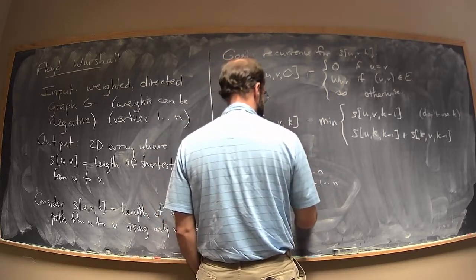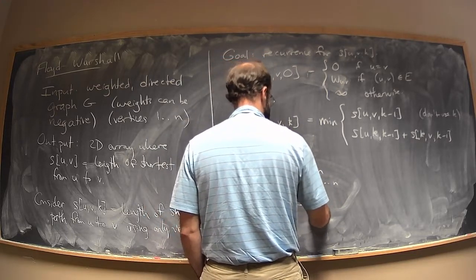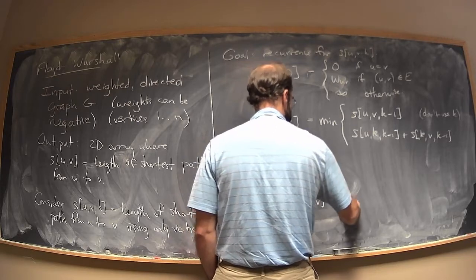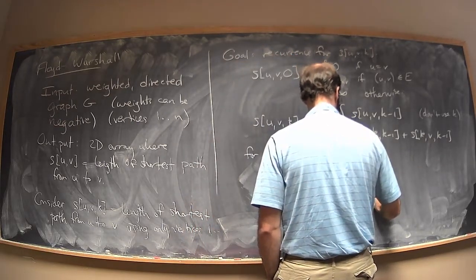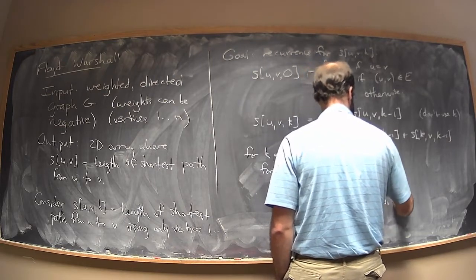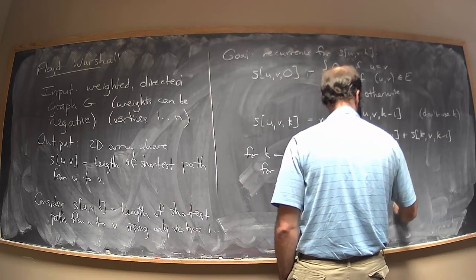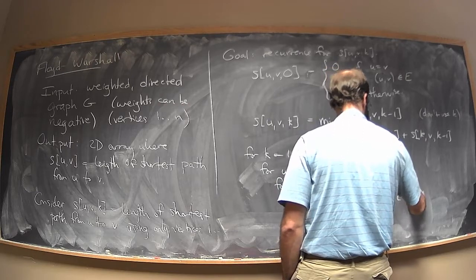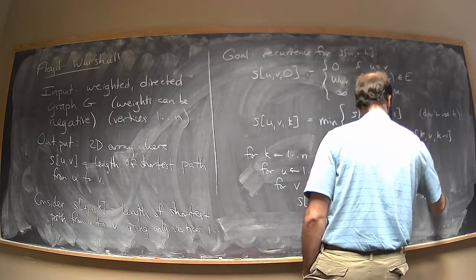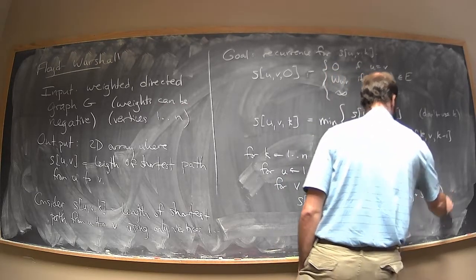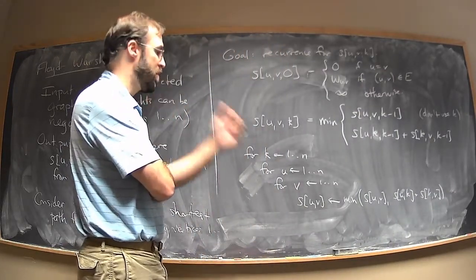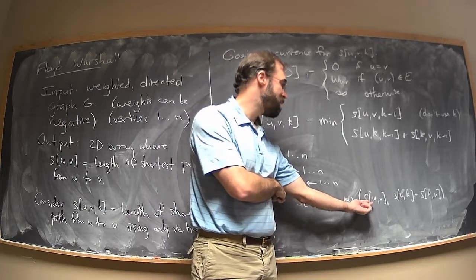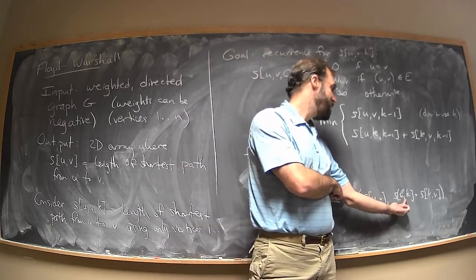Then we would just say s[u][v] is the min of itself, and s[u][k] plus s[k][v]. Okay, that's it.